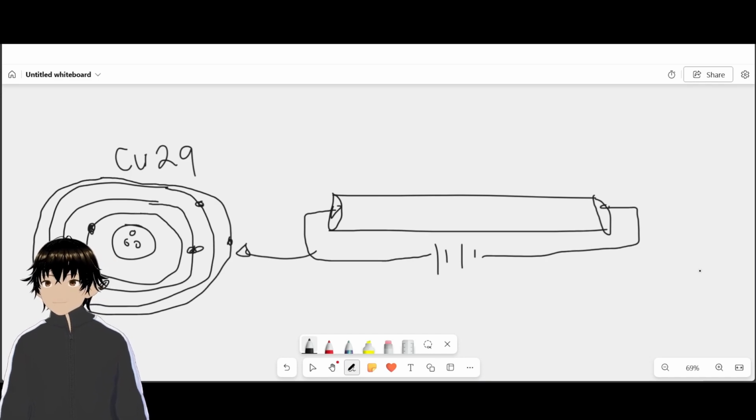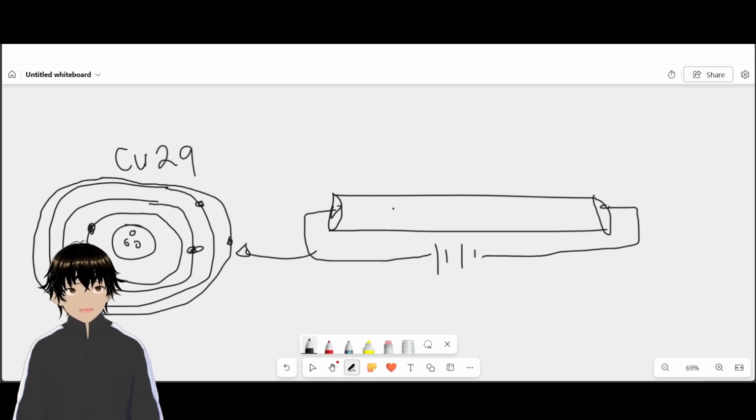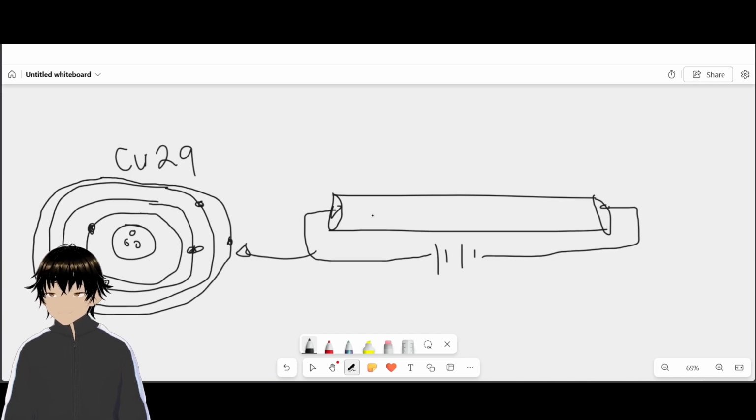So we have a copper wire right here. We have a battery right here that is plugged on both ends of the copper wire. Inside the copper wire, there are electrons swimming. I'm just going to write them as negative signs, because an electron has a negative charge. There are also positive charges swimming inside this copper wire.